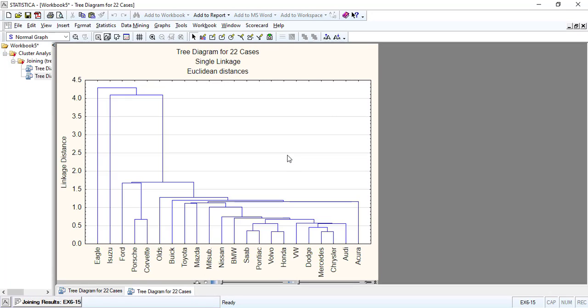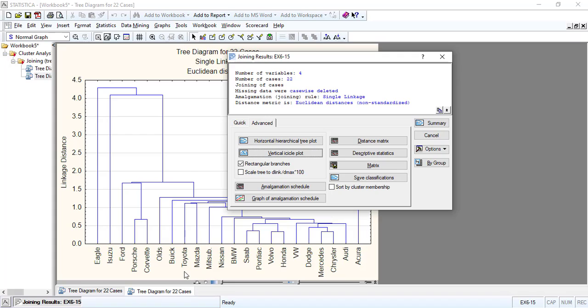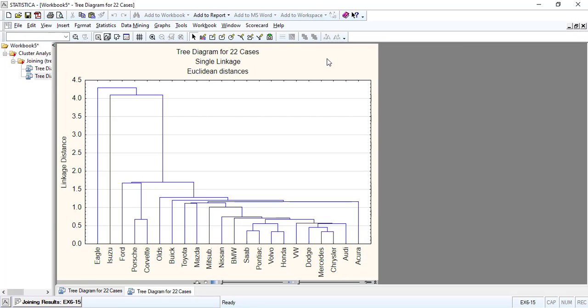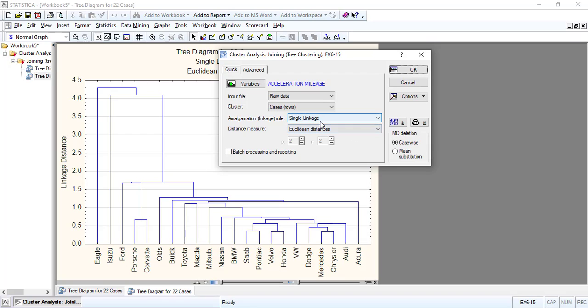Okay? So this way you will think about, maybe you want to change your linkage weight. This complete linkage is not good to calculate the distance. Okay? Please go out and change your distance linkage weight. Okay?